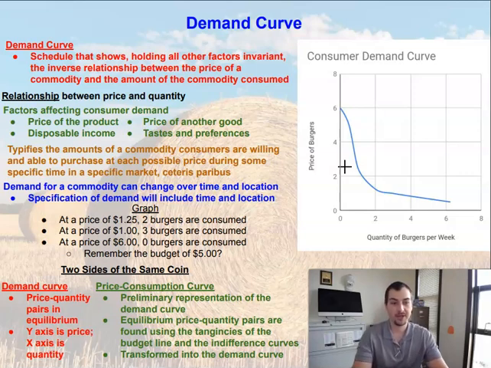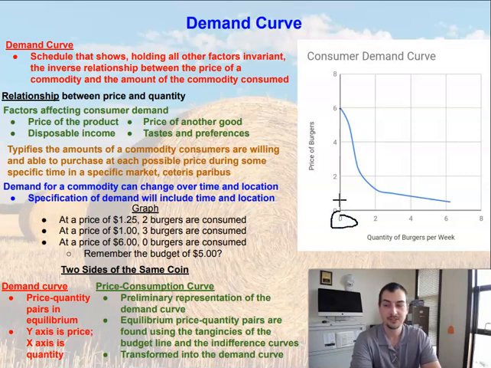So remember that we have a budget of $5. If our budget is $5 and the price of hamburgers is $6, can we afford any hamburgers? No, we can't. So we're going to be consuming zero. What happens if the price falls to, say, $1? Well, if the price falls to $1, we're going to be consuming 3 hamburgers. And I know I got my line slightly off there. Let me see if I can draw it a little bit better.